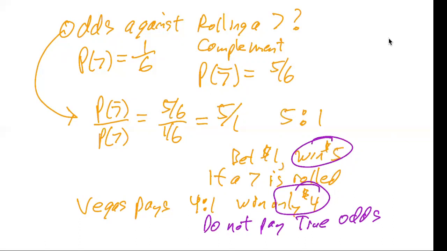Okay, I'm just going to finish up, looking ahead to where we're going, foreshadowing, so to speak. What's the probability of rolling a 7 or a 4? Okay, I know there's 36 total outcomes.